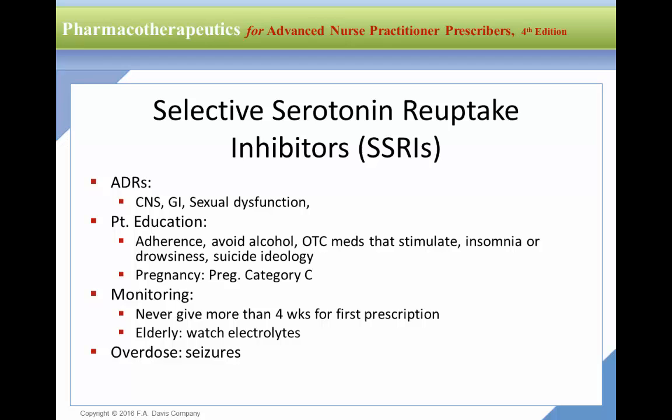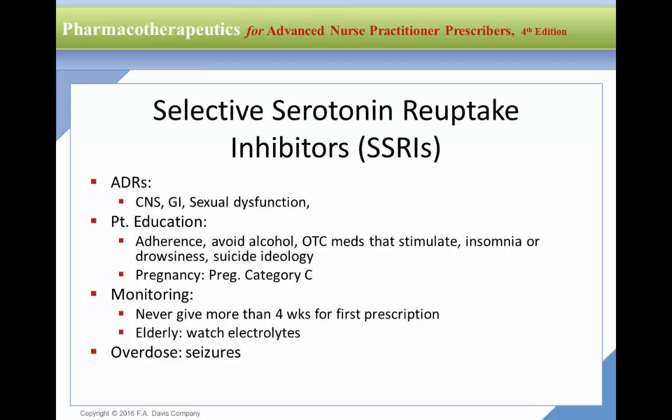But do not forget that because they also act at the level of dopamine, histamine, norepinephrine, and acetylcholine, even though it's less than the others, they could have dry mouth and all the signs and symptoms of anticholinergic effect.